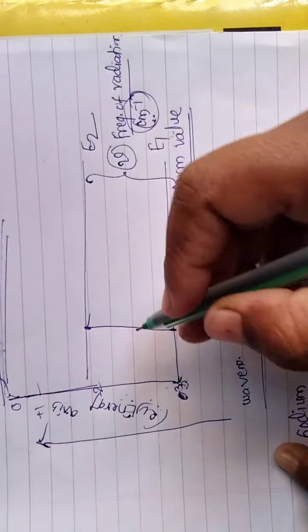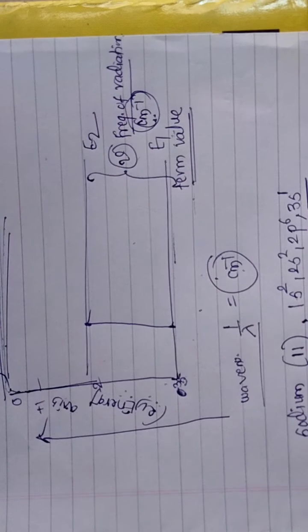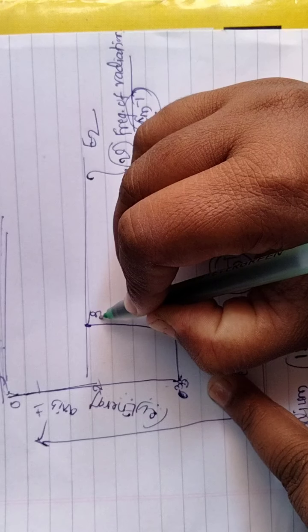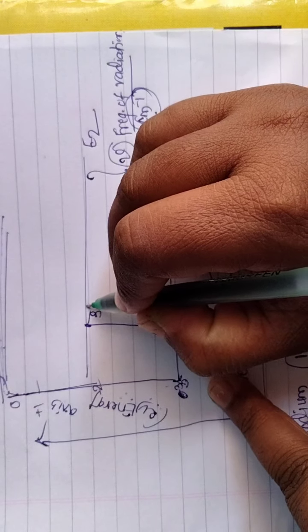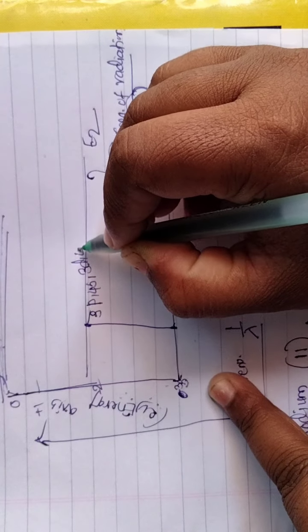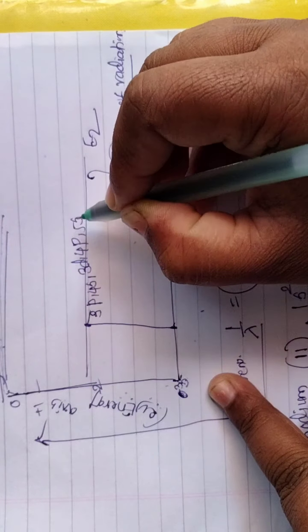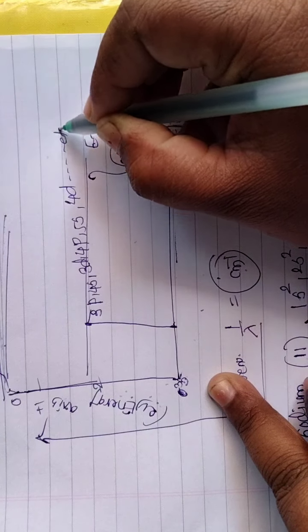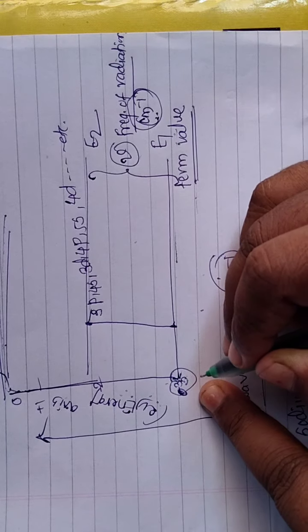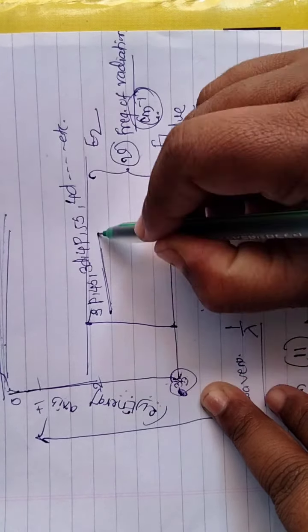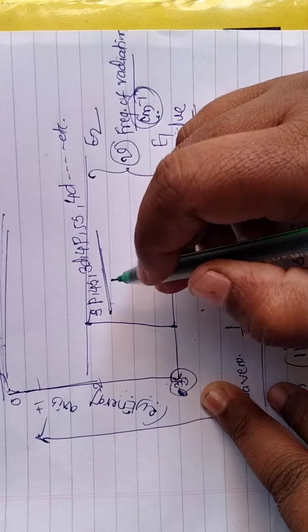So it jumps to a higher energy level, that is 3p, 4s, 3d, 4p, 5s, 4d, etc. So this 3s electron can be excited into the higher energy levels.